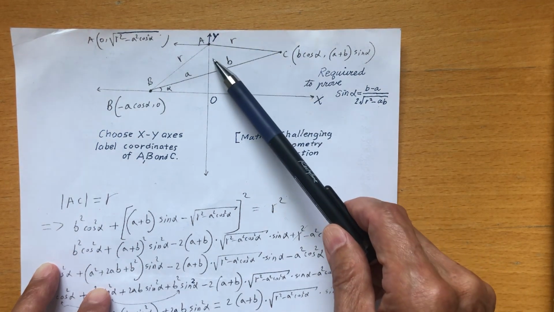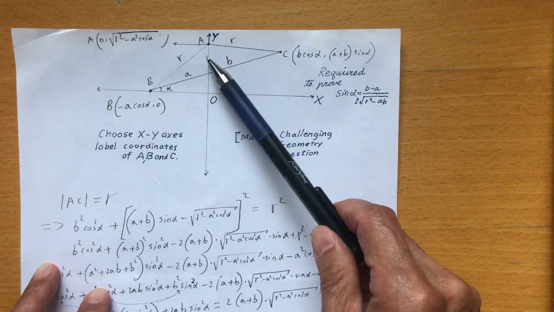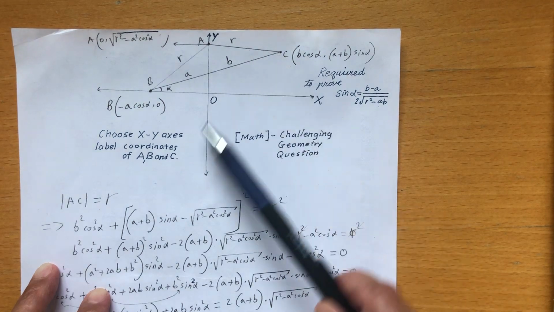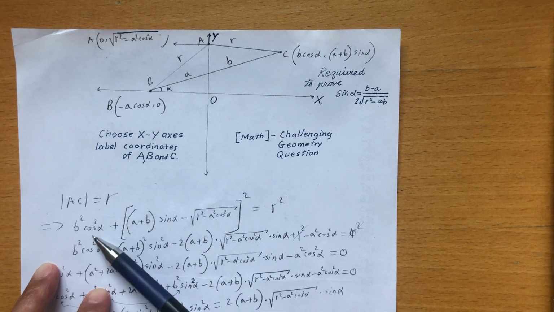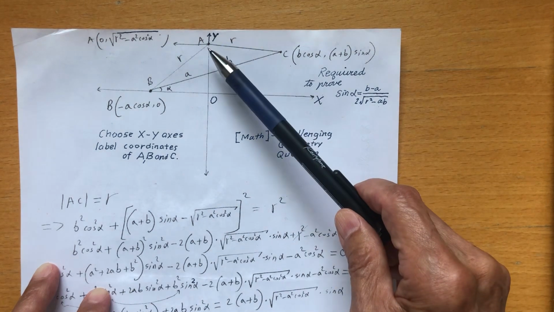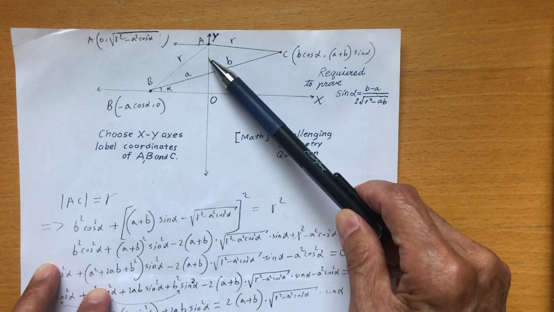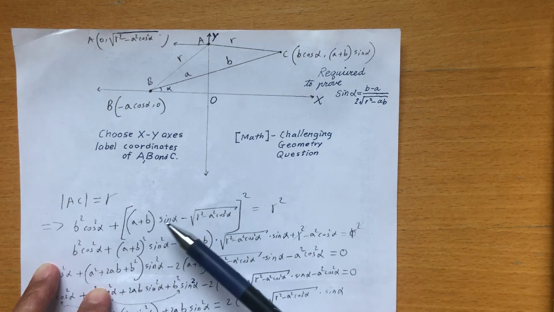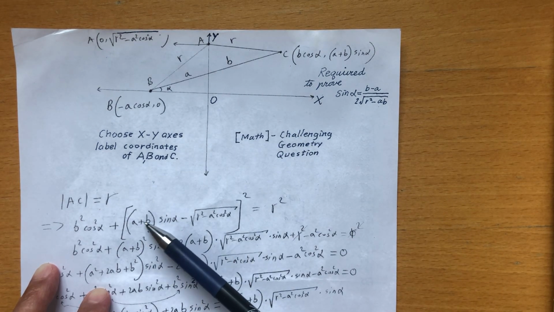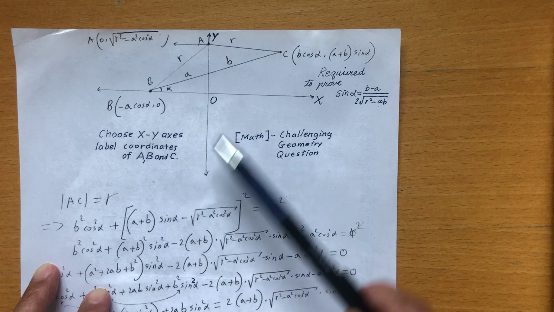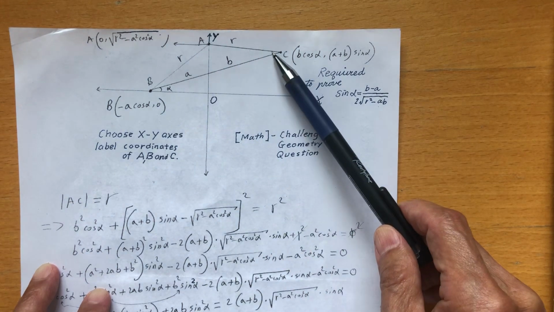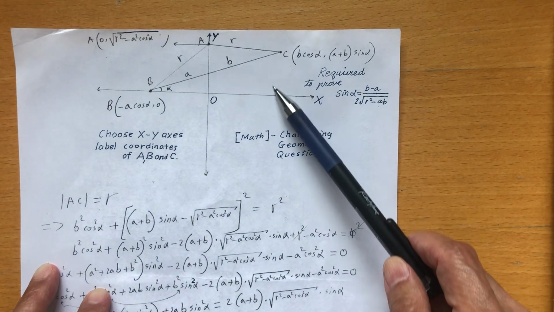R squared is equal to this side squared, which is B squared cosine squared alpha, plus this side squared. So what is this side? A plus B sine alpha.